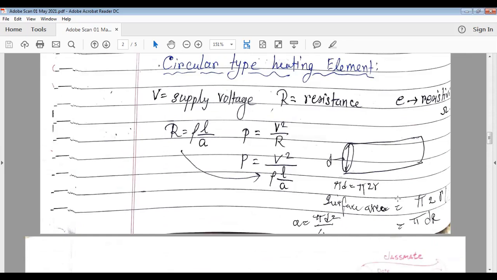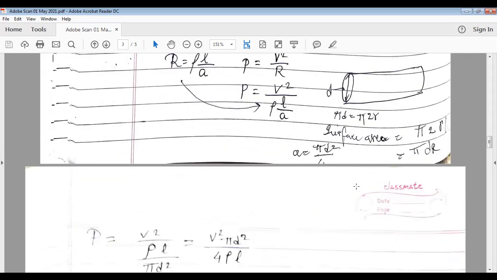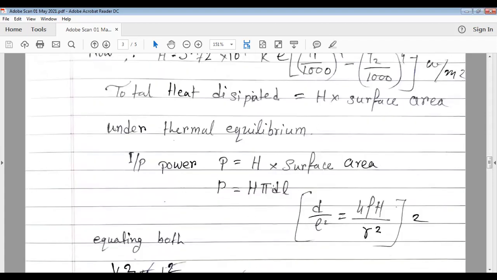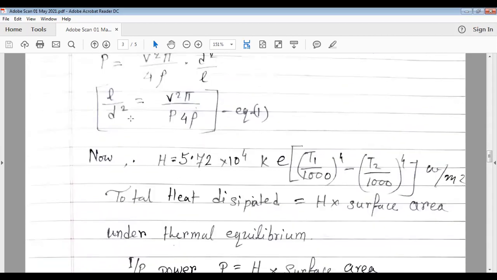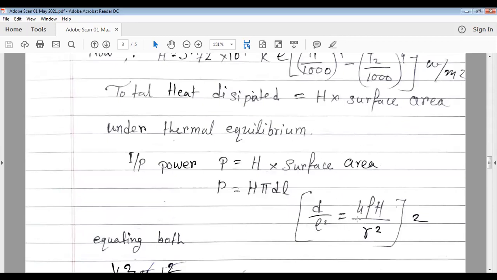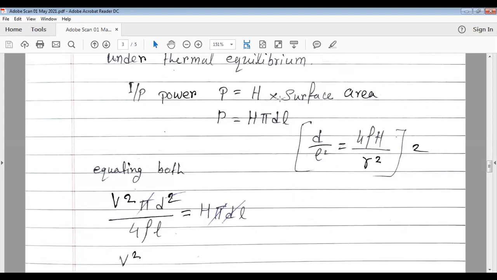So surface area pi D L into H. So we can write D by L square, and here we get L by D square, so D square by L will be written. So 4 rho into H by pi square to the power 2. This is the main formula, and we don't go further.